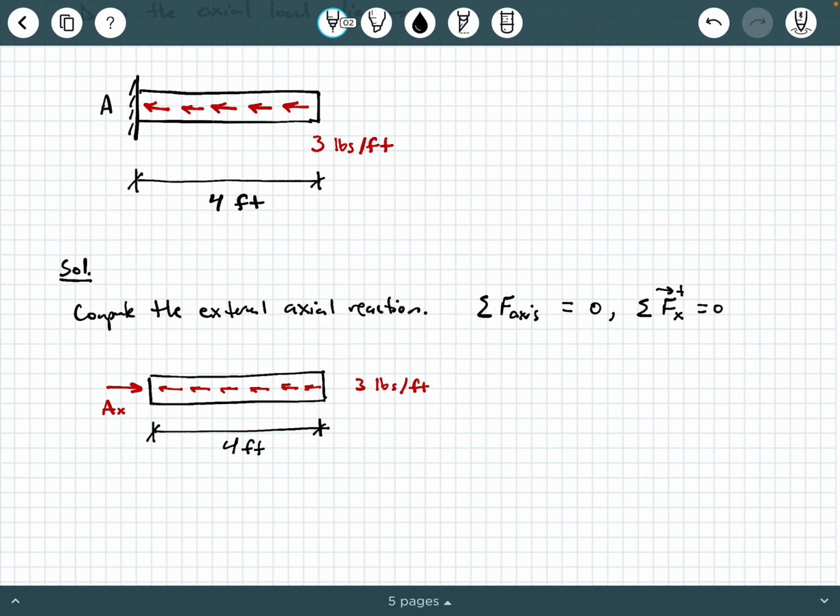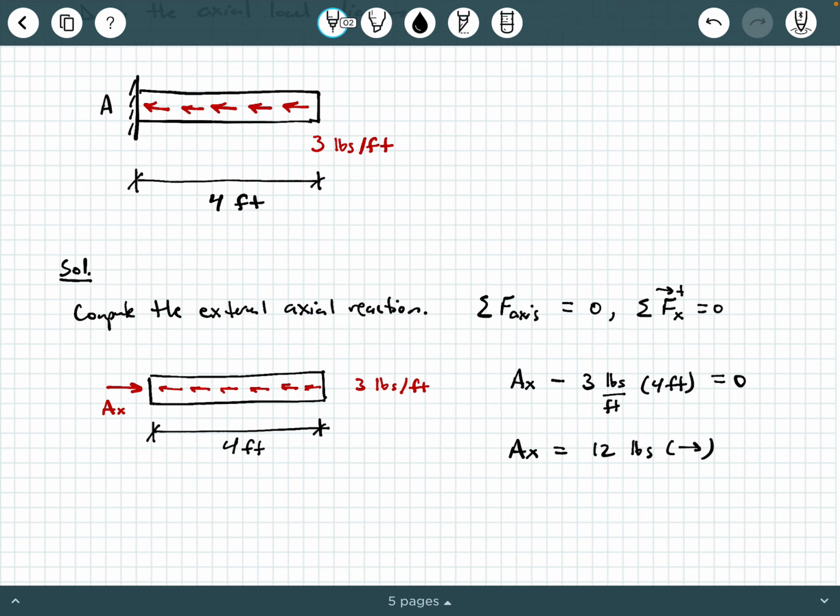So when we apply this equilibrium equation, sum of the forces in the x direction equals 0, we're going to get AX minus 3 pounds per foot times 4 feet equals 0. And we'll get AX is 12 pounds, and it is pointing to the right.